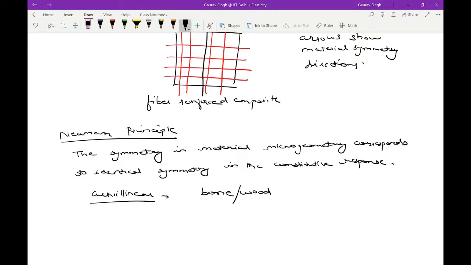So the guiding idea is that if you understand the structure well enough, you can easily do things about its properties. In this case, obviously, our properties of reference are mechanical properties. It could have also been thermal properties or thermomechanical properties and so on. But that's the basic idea. Okay.